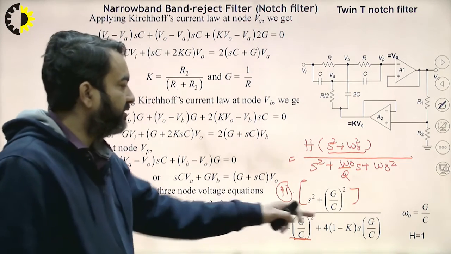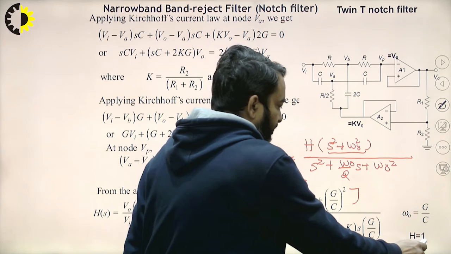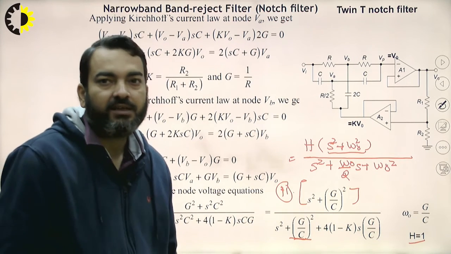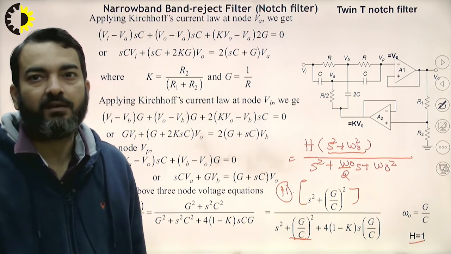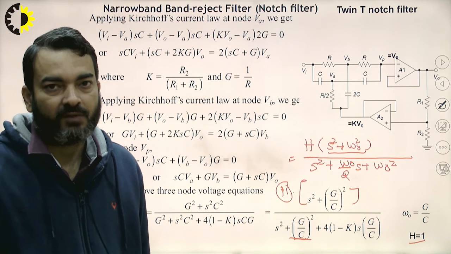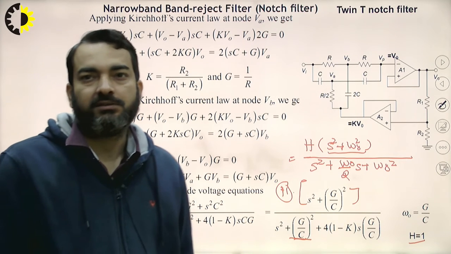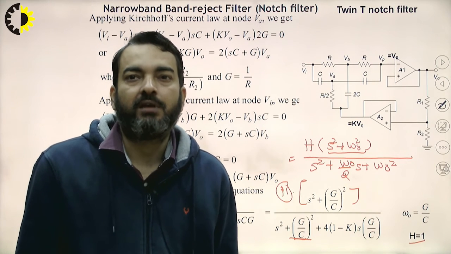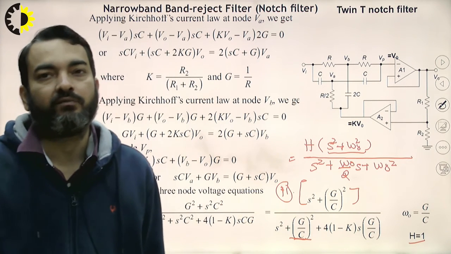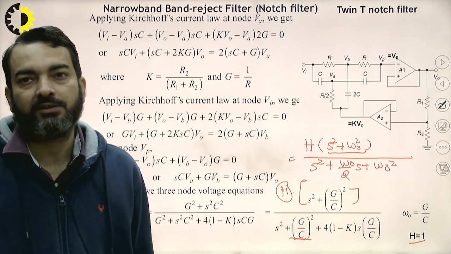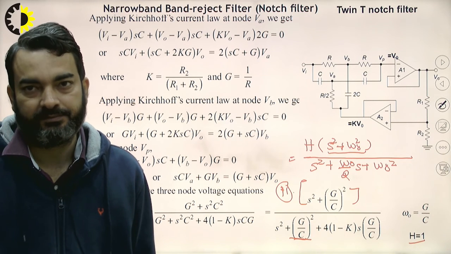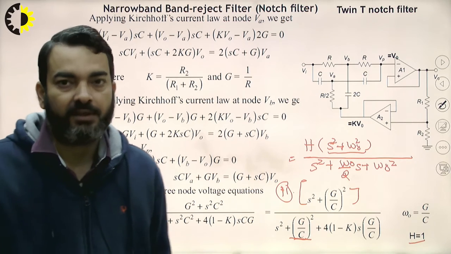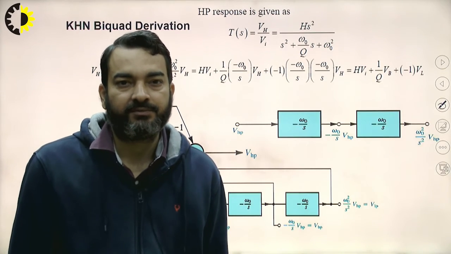This way we can easily calculate the parameters of the notch filter. This is a common strategy: first we derive the transfer function, then we convert the transfer function into a standard form, then we compare this equation with the standard equation, and we calculate the parameters.